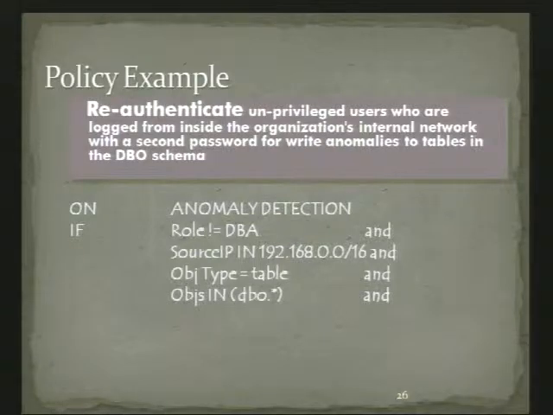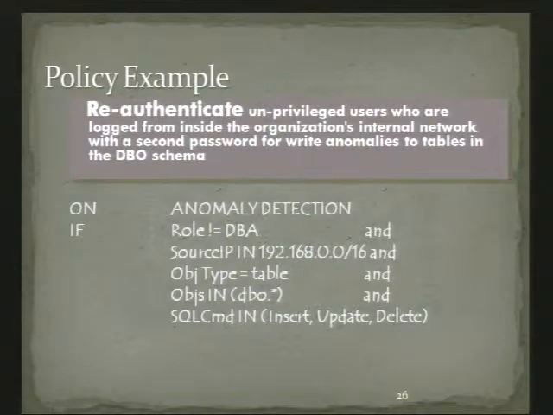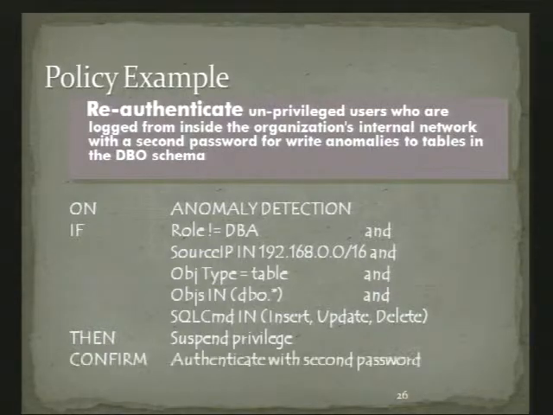And objects in this particular schema, and the SQL command, because we are looking at write anomalies, so we say insert, update, delete. Then the initial action is to suspend the privilege, the confirmation action is re-authentication with a second password, and the alternate action is otherwise to disconnect the user.